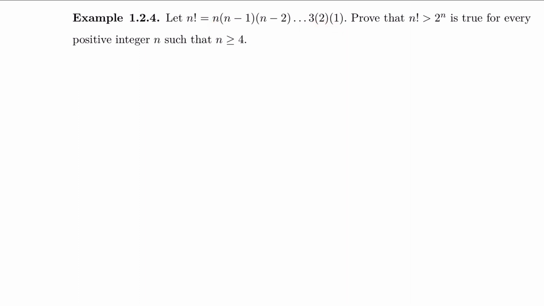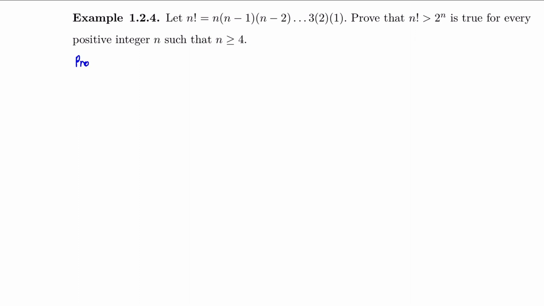And we want to prove that n factorial is greater than 2 raised to the power of n for every positive integer n such that n is greater than or equal to 4. So we are going to use the extended principle of mathematical induction to prove this inequality. That holds for n greater than or equal to 4.